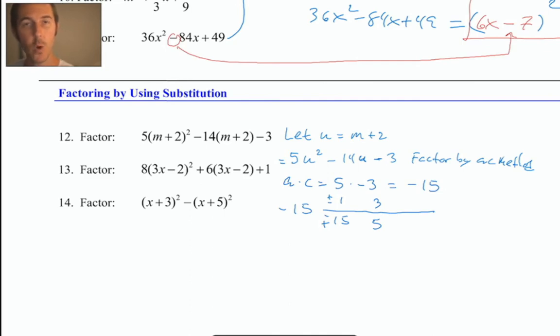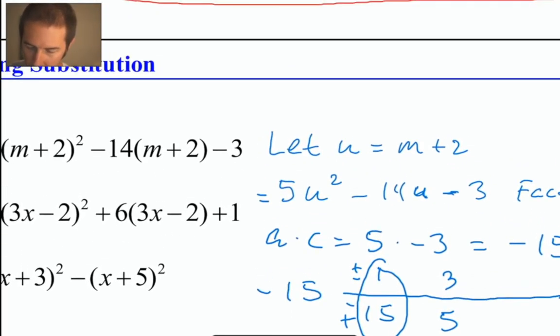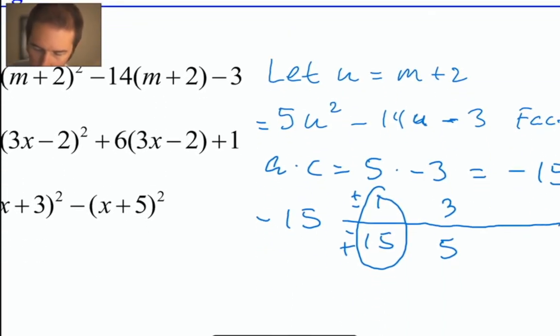I think we should use the 1 and the 15. What do you think to get -14? So let's use these. And one of them is going to be positive, one of them is going to be negative. It's the 15 that's going to be negative. The 1 will be positive, so that they add together to equal -14.